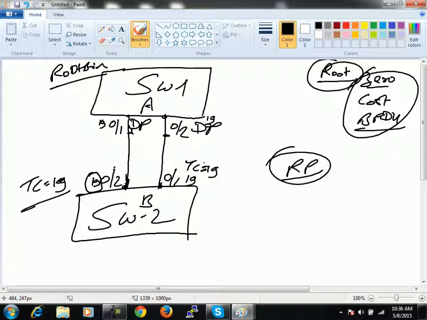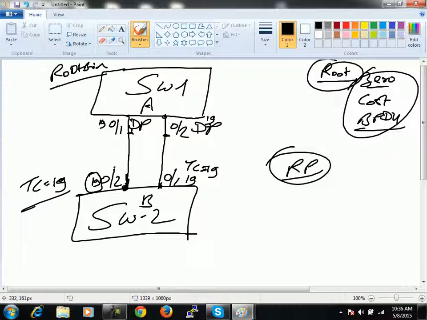Next, the lowest designated bridge ID. Try to understand it now. Whenever switch 2 receives a BPDU on its 0/2 coming from switch 1, the designated bridge ID will be the bridge ID of the designated switch. Who is the designated switch for switch 2? I mean the upstream switch. Designated means upstream.